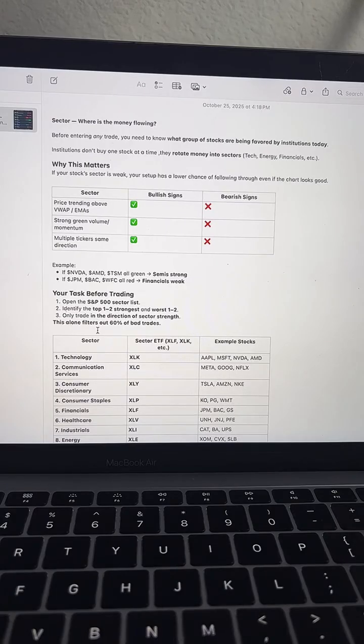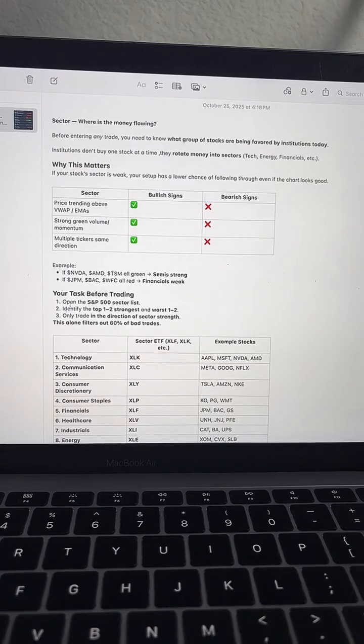You want the sector to be lining up with the stock. Okay, I'm not saying that it won't work, but the probability is lower. And with trading, we should all know that it's a probability game. If you're bullish on a stock, you need the setup to be more likely to be successful than not. Okay, it's all a numbers game.